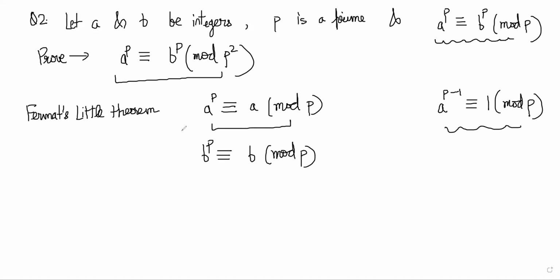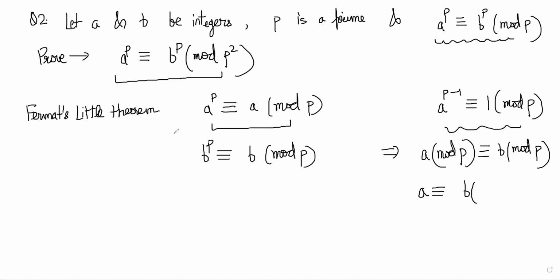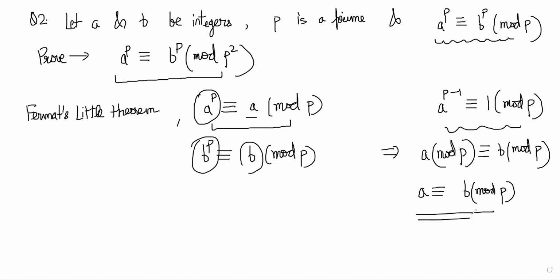We are applying Fermat's theorem to both of these cases. So this implies that a mod p is congruent to b mod p, or a is congruent to b mod p, right? Because we know that a power p and b power p are congruent, so a and b must be congruent mod p, right? So this is a conclusion that we get from Fermat's theorem here.